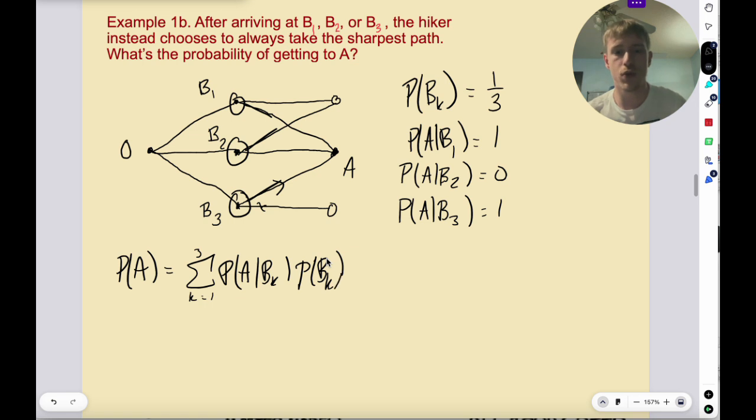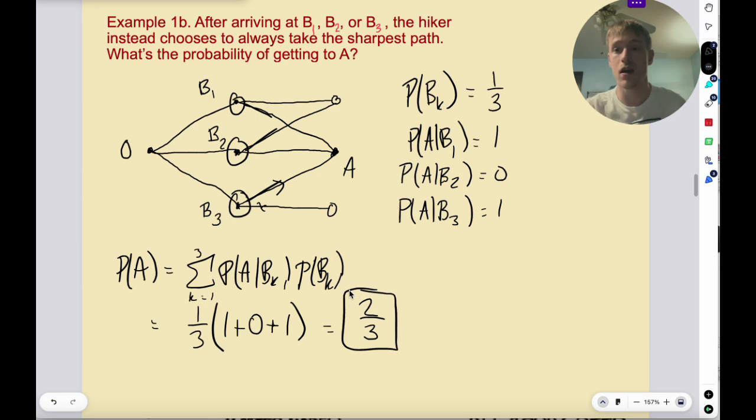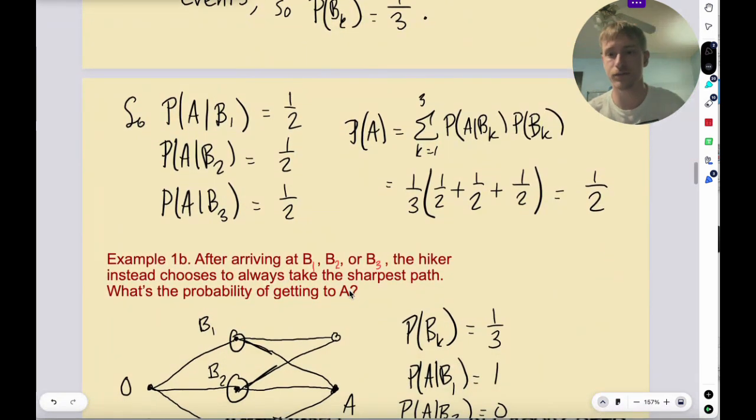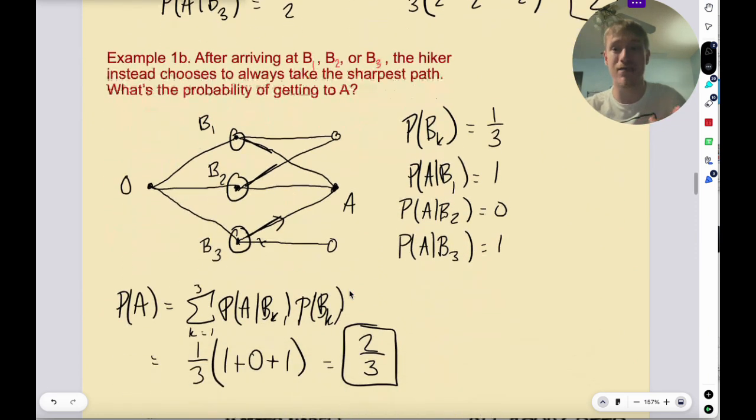Well, just like before, we can factor out that 1/3, and this just becomes 1/3 times the sum, the probability of A given B sub 1, plus the probability of A given B sub 2, plus the probability of A given B sub 3. And we get a probability of 2/3, which is higher than what we had initially, which was 1/2. So it looks like always changing directions was the right move in this case.